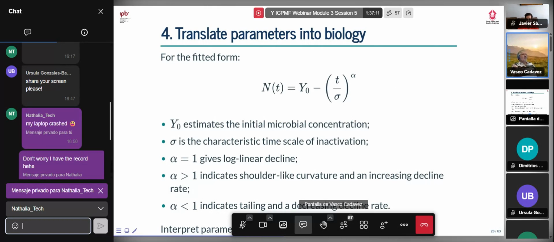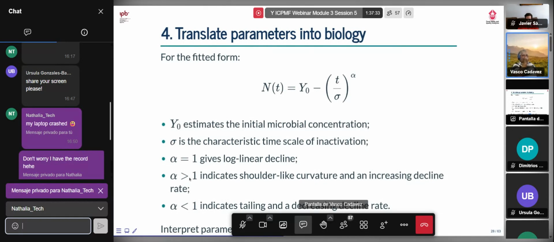Okay, so if you want to translate this into biological terms, you can say that the Y0 estimates initial microbial contamination. The sigma is the characteristic time scale of inactivation. And if alpha is 1, it gives you a log linear decline.